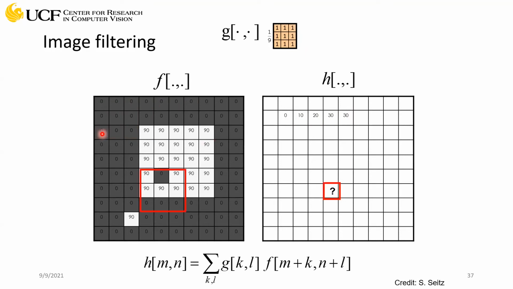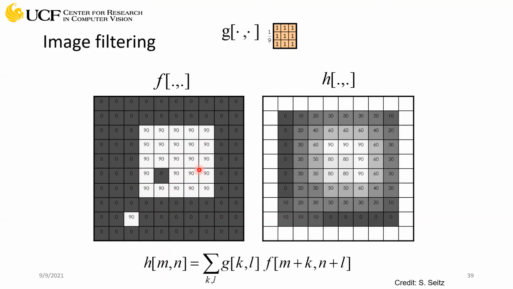Okay, so let's talk about this. In this case, you can see that some pixels are 0 and some pixels are 90, so it's just going to take an average, which is going to be 50. And in this case, all the pixels are 90, so it's going to give you 90. Again, you can see that it's a smoothing effect.